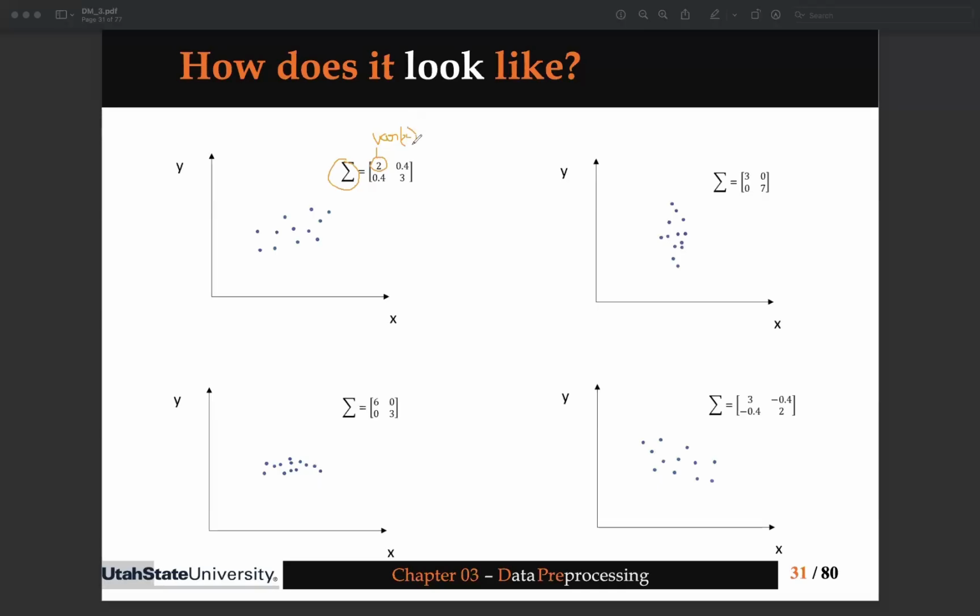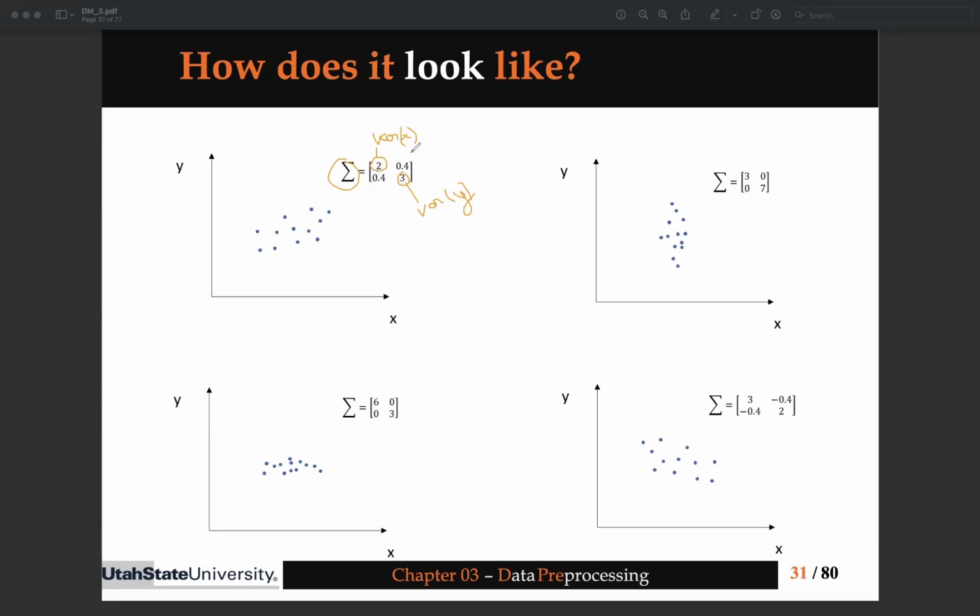That is what my covariance matrix is going to capture. Now the second one is the variance of y independent of x. If you just look at the variance value of my y component regardless of x, it should be around 3.